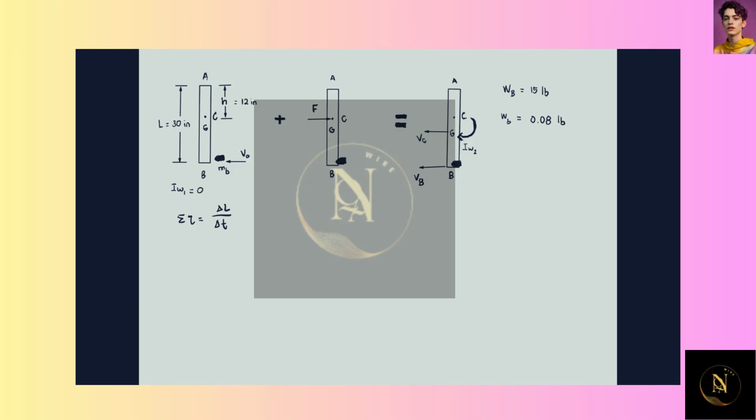Substituting the equations for torque and angular momentum, since we have several forces, this will be the summation of all the forces and the lever arm equals I omega 2 minus I omega 1 over delta t. We can already cancel this out since the bar is initially at rest.